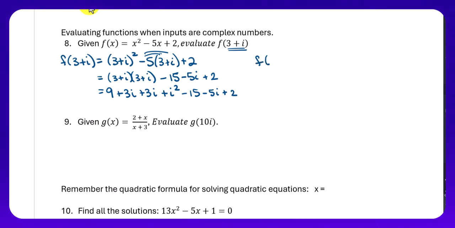So in the end, f of 3 plus i is equal to negative 6 plus 1i. I have a 2, and then I have that i squared, which is a negative 1, right? So I'm adding a negative 1 there, so it's going to be plus 1.